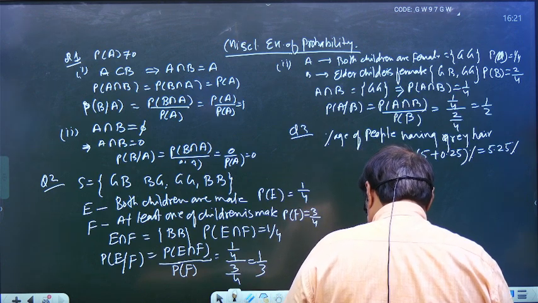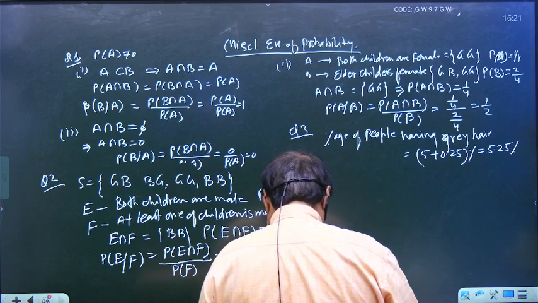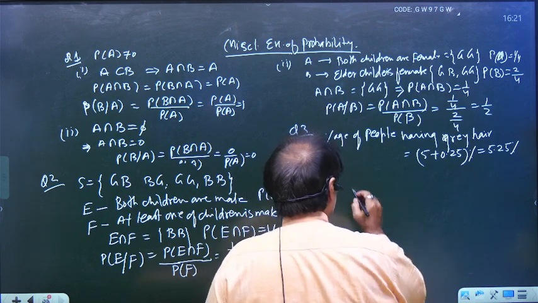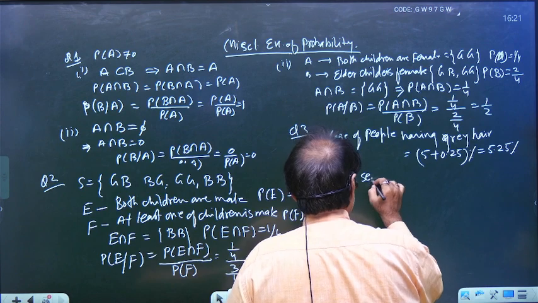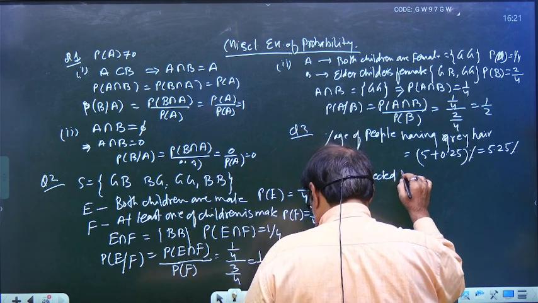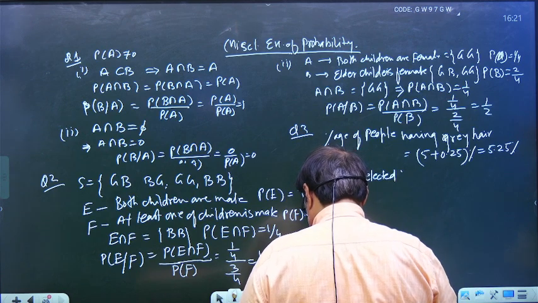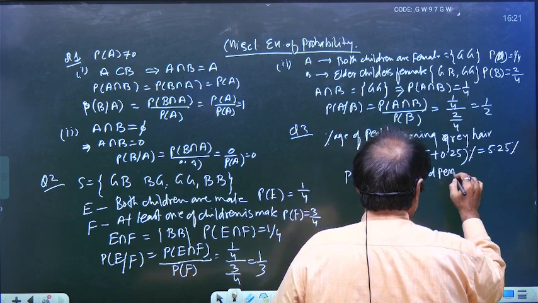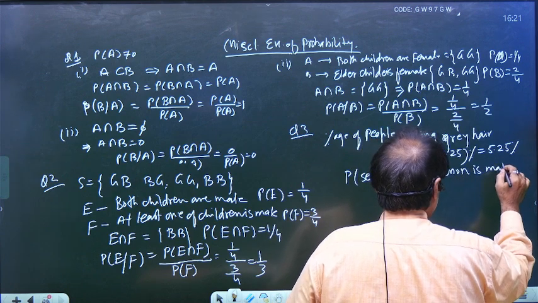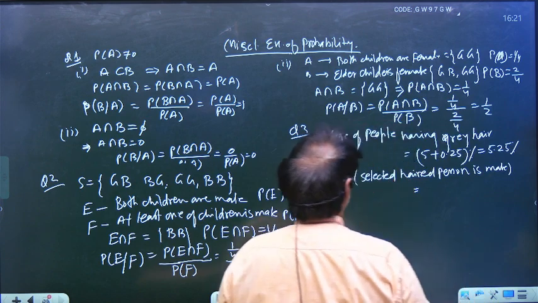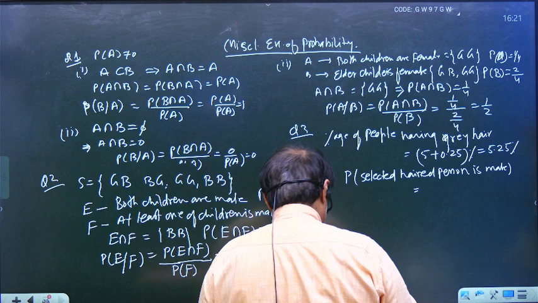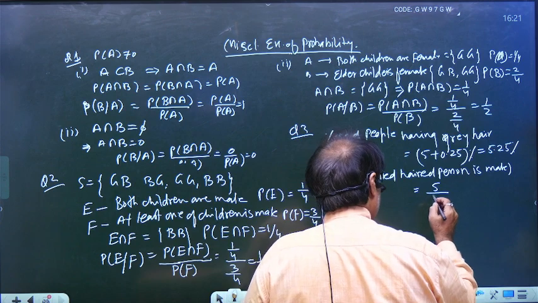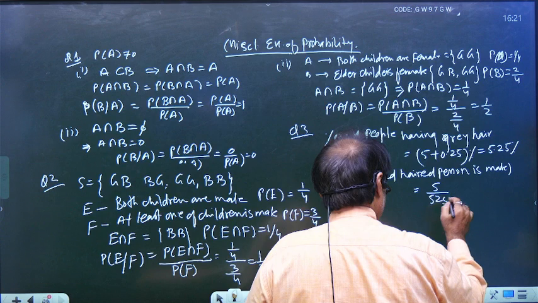Okay, so the probability that a selected gray-haired person is male is equal to, so the male percentage is given as 5% and the total is 5.25%, which means 525.